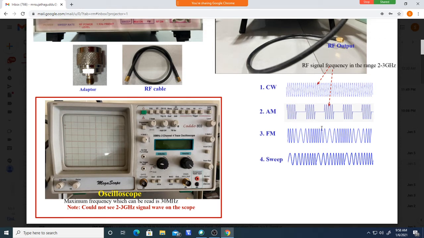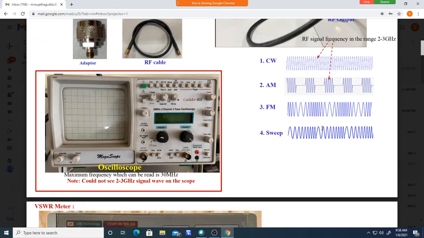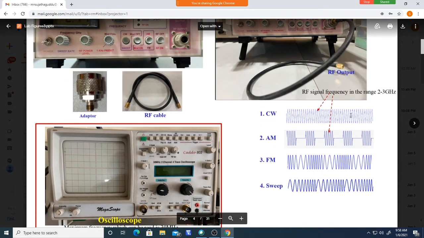So that is why we are not taking a continuous signal like this. We are taking a signal like this because of the equipment limitation, the oscilloscope and power measuring equipment problems.